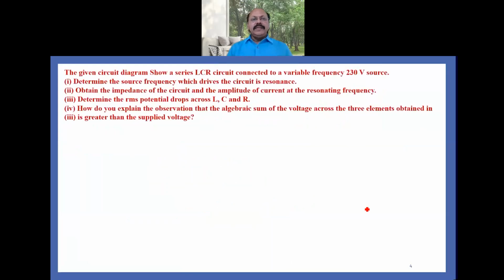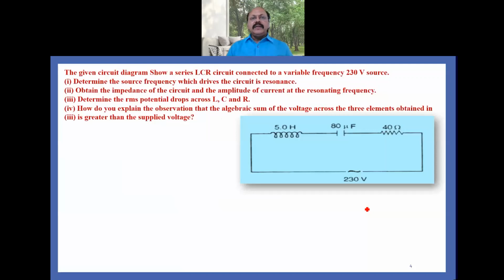Now we take one conceptual problem. The given diagram shows a series LCR circuit connected to a variable frequency 230 volt source, and in it there is an inductor of inductance 5 Henry connected in series with a capacitor of 80 microfarad along with a resistor of resistance 40 ohm.